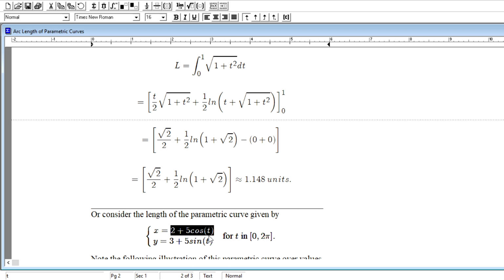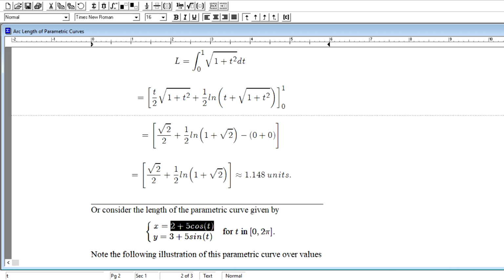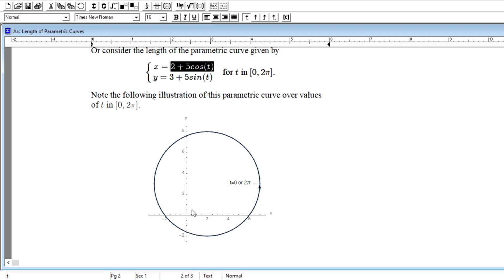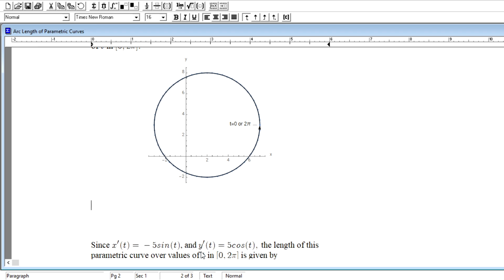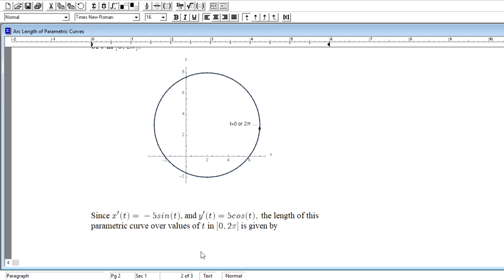If we take note, x's first derivative is just going to be negative 5 sine t. Y's first derivative will be 5 cosine t. If we square those, we will get 25 cosine squared t plus 25 sine squared t.